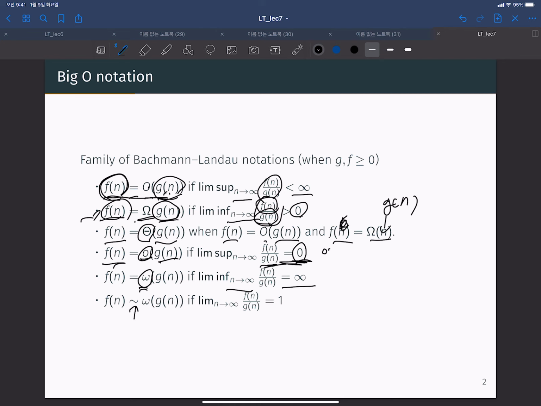And there is also a notation for the extreme case of theta: when f(n) over g(n) converges to 1, then we say the asymptotic behavior of f(n) and g(n) are the same, and we use this notation.